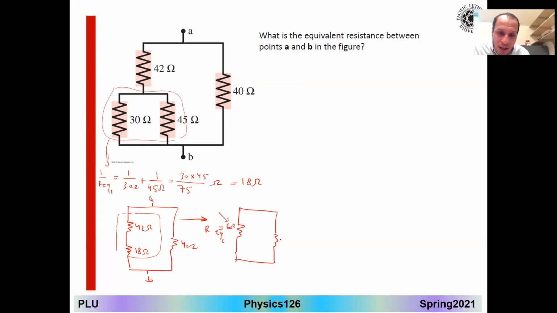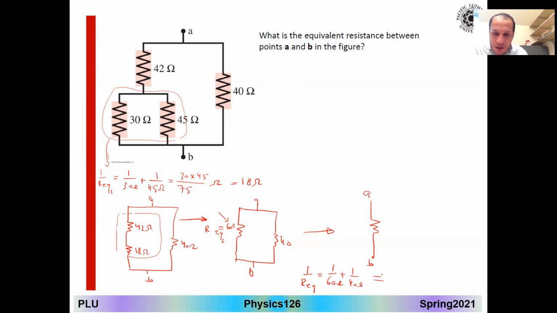What we have in the second branch here is the 40 ohm. And here we have A and here we have B. Now, to find the equivalent resistor in that case between A and B, 1 over R equivalent will be 1 over 60 ohms plus 1 over 40 ohms.